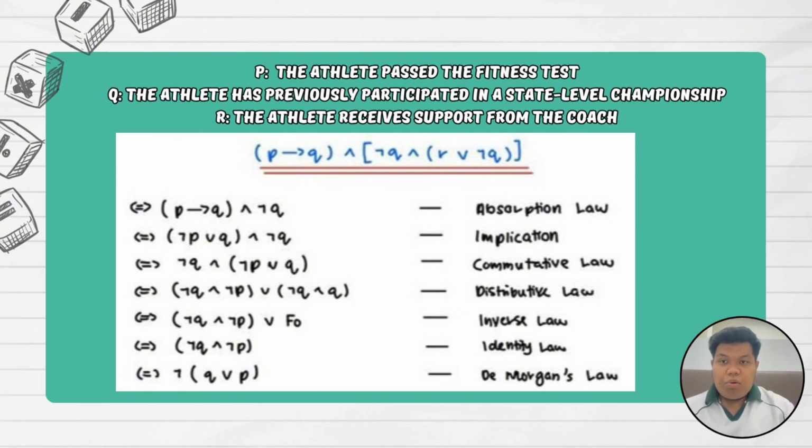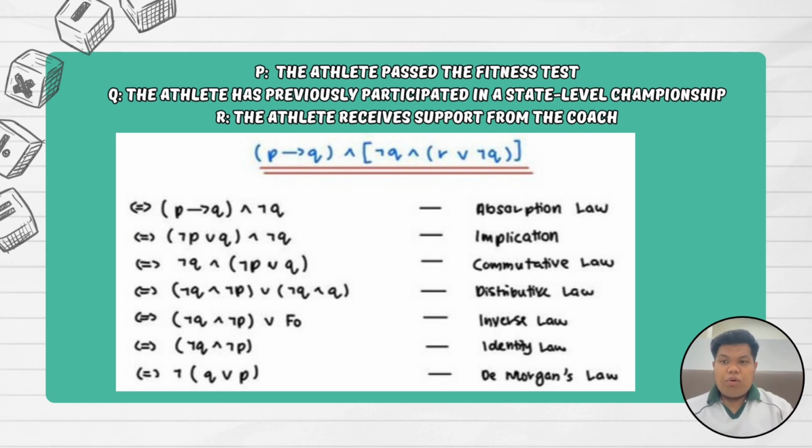After that, we use the distributive law, and then we will have not Q and not P or not Q and Q. So not Q and Q, we will use the inverse law to have a contradiction. After that, we use the identity law, and our equation is now left with not Q and not P. After that, we simplify our equation using De Morgan's law.